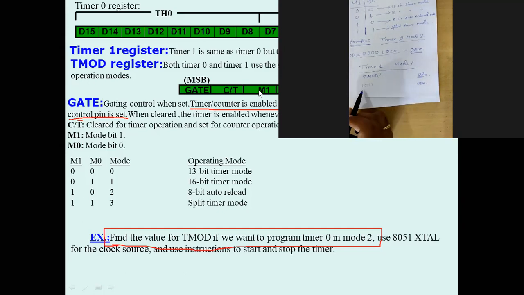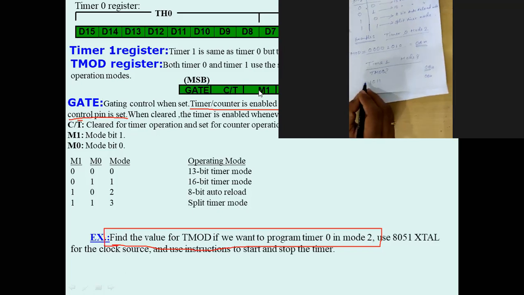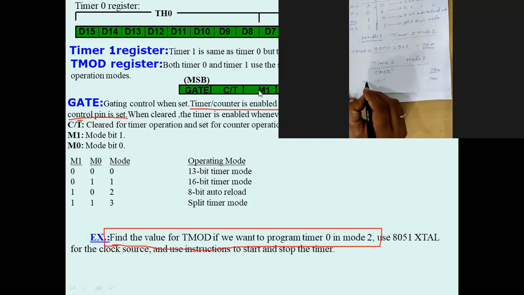This is an 8-bit number, and TMOD is 8-bit, so 00001011.